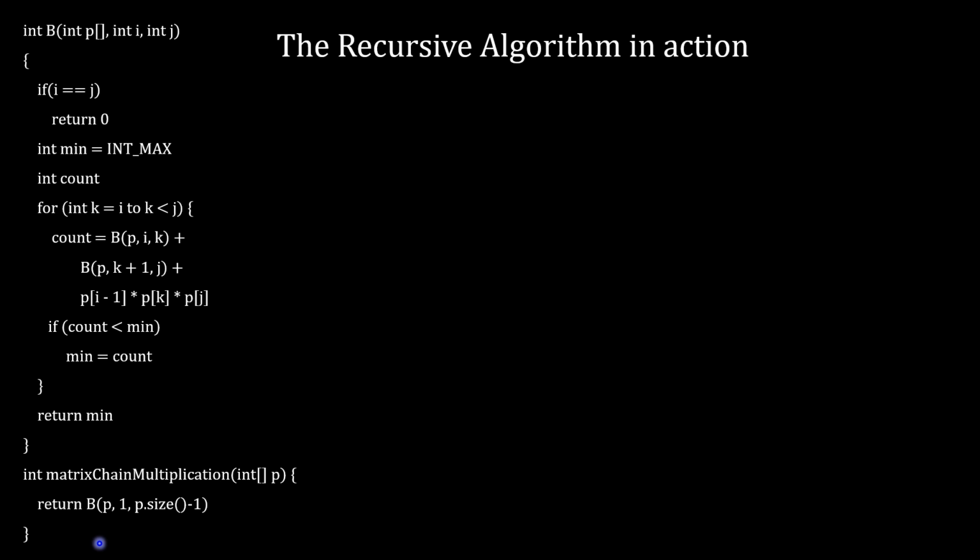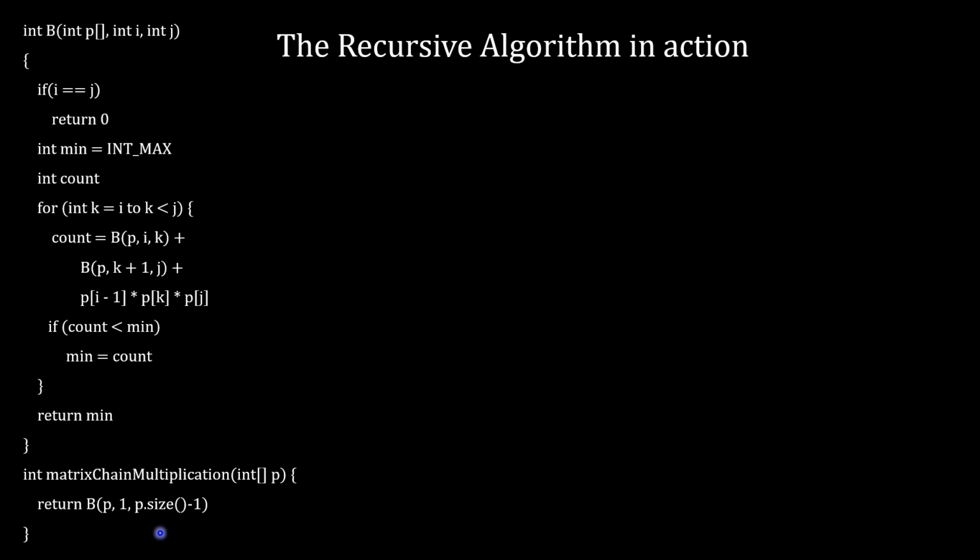So P is going to be an array storing all of the dimensions of all of the different matrices, and then we're going to be going from a range of 1, so we're going to be starting at the first matrix, and we're going to be going all the way to the last matrix, which is defined here as the size of the array minus 1, because the number of dimensions for each matrix is 2, so we're going to always have one more dimension than we have matrices.